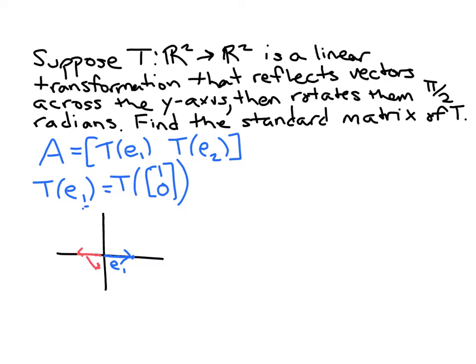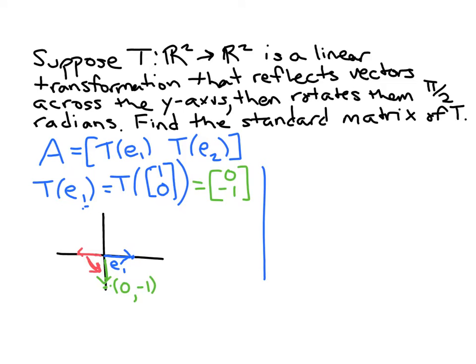So our final vector is here. So the transformed vector T of e1 now points to the point 0, -1. So this will become the first column of our standard matrix A.